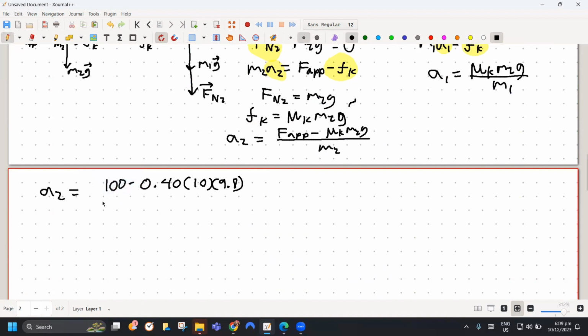I-substitute mo pati yung units. Kasi pag may nakalimutan ka dyan, magmamali yung units kapag kinompute mo. Tapos yung acceleration sa denominator.